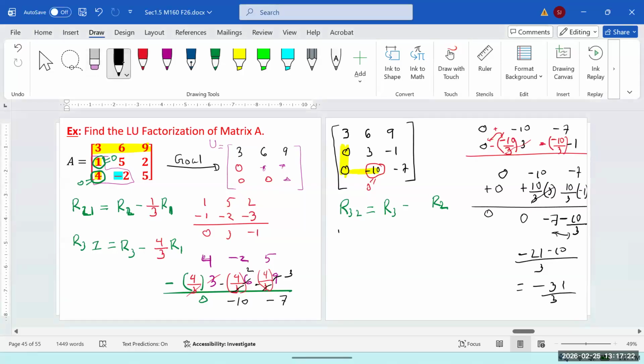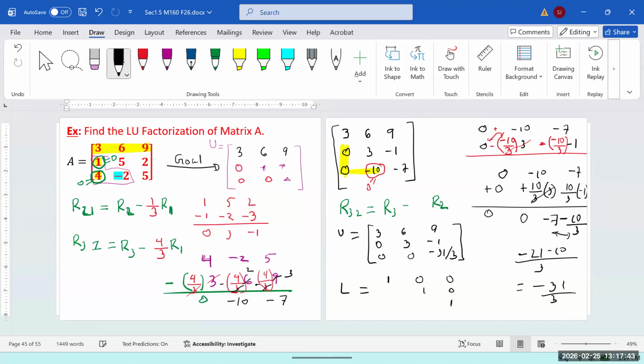So our upper matrix is 3, 6, 9, 0, 3, negative 1, 0, 0, negative 31 over 3. For lower matrix, it means we have 1, 0, 0, 1, 0, and then 1. So these are fixed. This is a unit lower matrix. That means we need to fill out this position, row 2, 1.